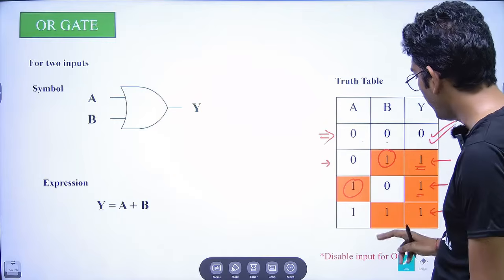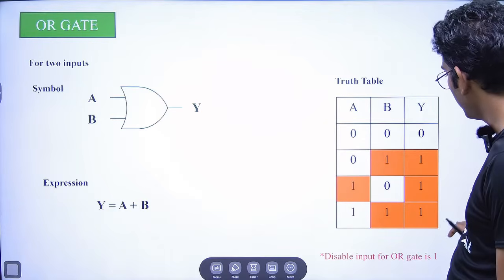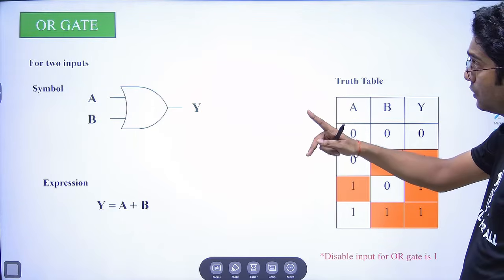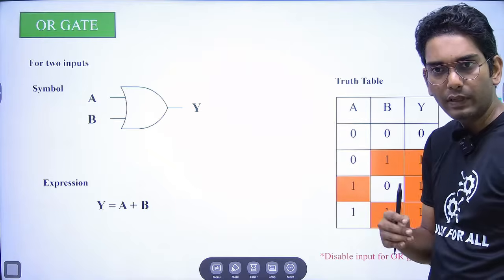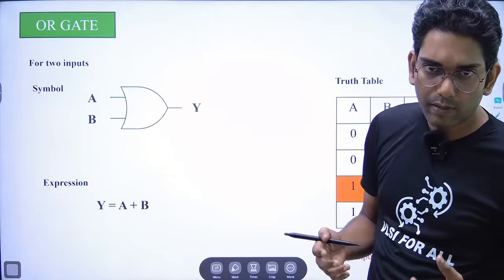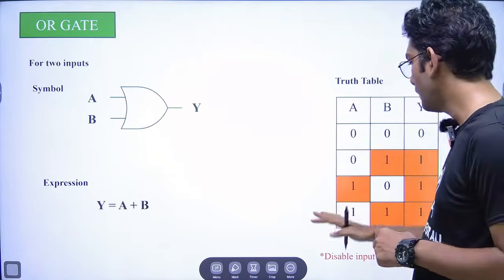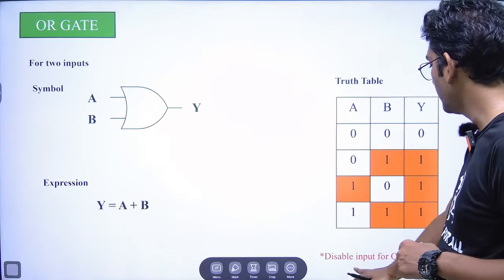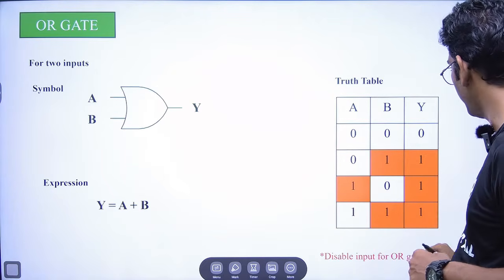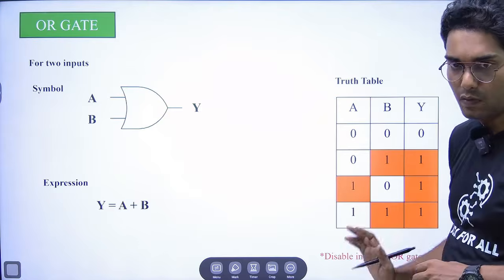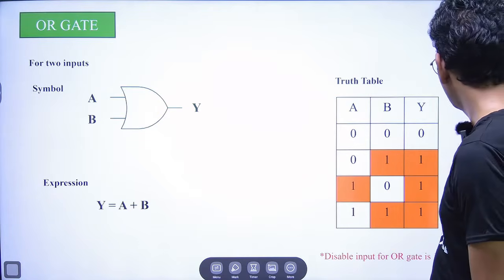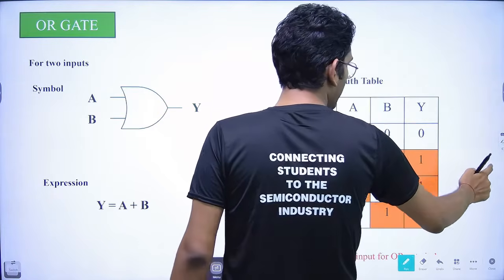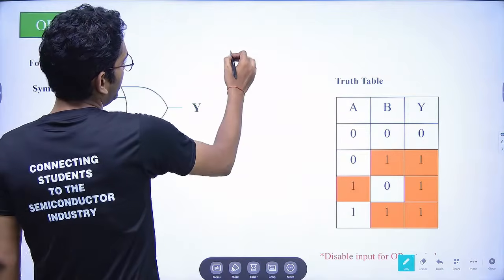Fine. And now one more important thing: as I have told you in the AND gate, the disable input for the AND gate is 0. Now for the OR gate, the disable input is 1. Okay. So how this is happening, I will explain to you.